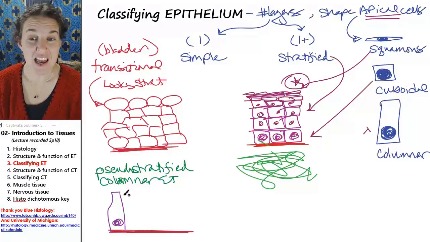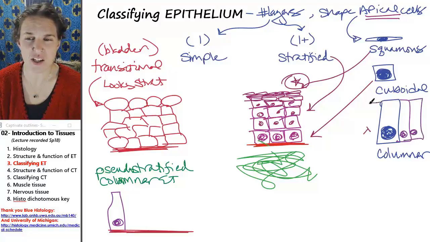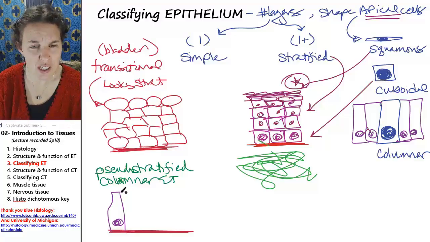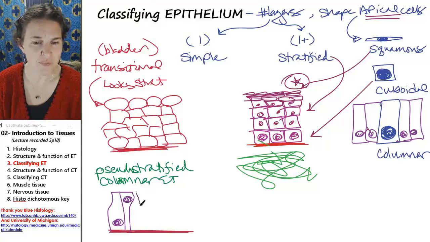But in a traditional or normal columnar tissue, the nuclei are lined up sort of evenly. In pseudostratified columnar epithelium, it looks like it is stratified tissue. And that's because the nuclei are all over the place.